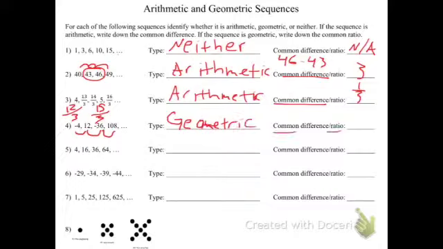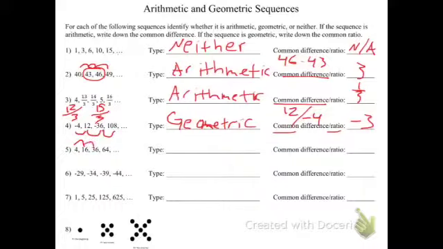Since it's geometric, I want the common ratio. To get the common ratio, you take two consecutive numbers, do the second divided by the first. So I do 12 divided by negative 4, which is negative 3 for my common ratio.